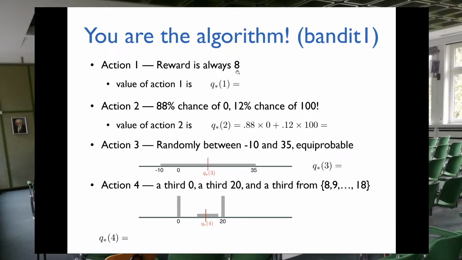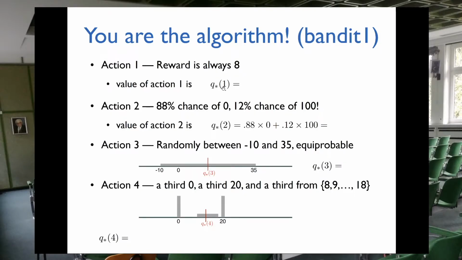So we will consider that the value of executing action 1 will be 8, because we expect to get a reward of 8 after executing action 1.